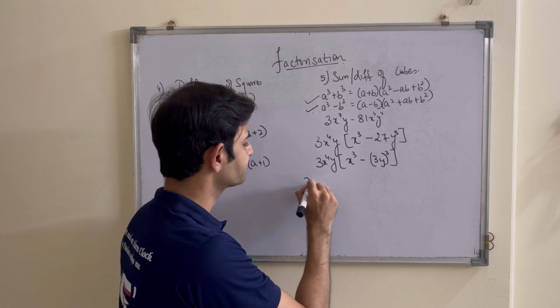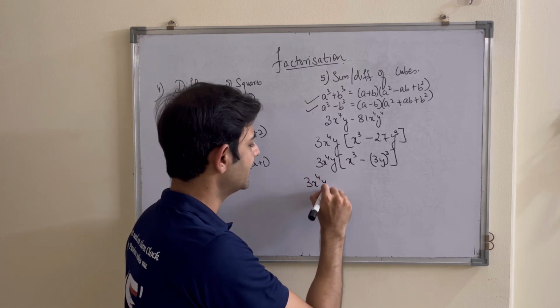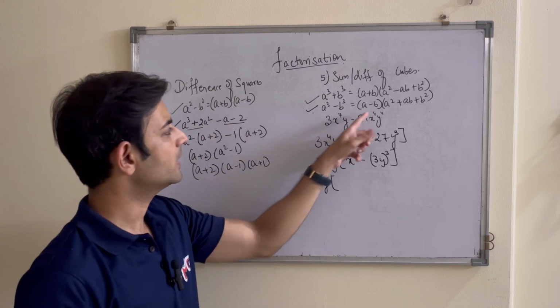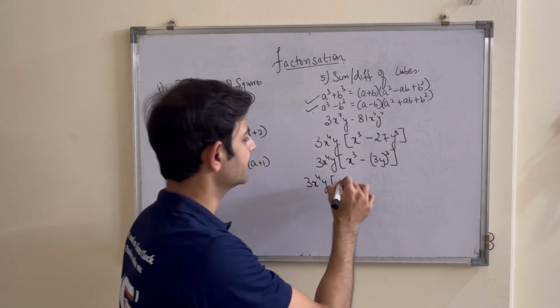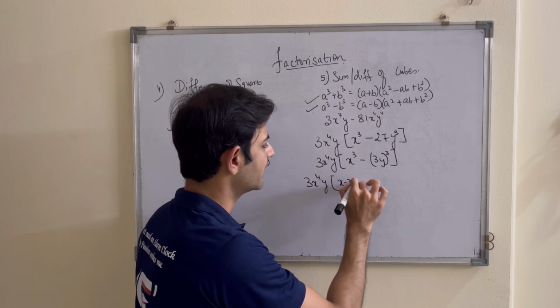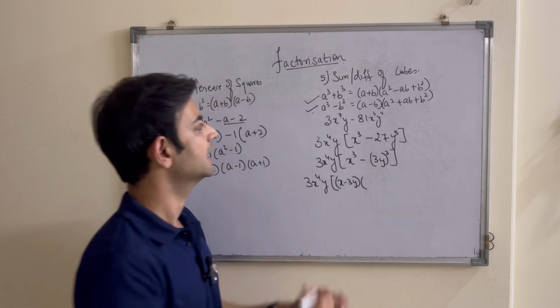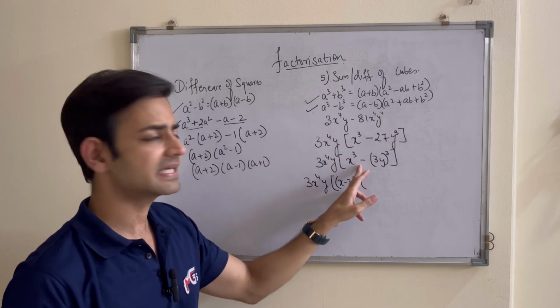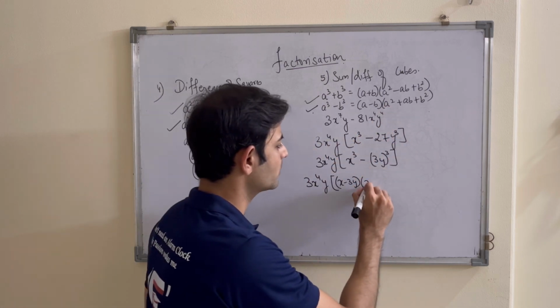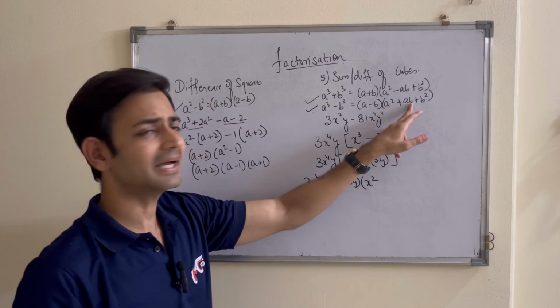Let's do that. So 3x power 4y as it is. Now we have a minus b, so it will become x minus 3y. A square, in this case I have x here, so it will be x square plus ab.